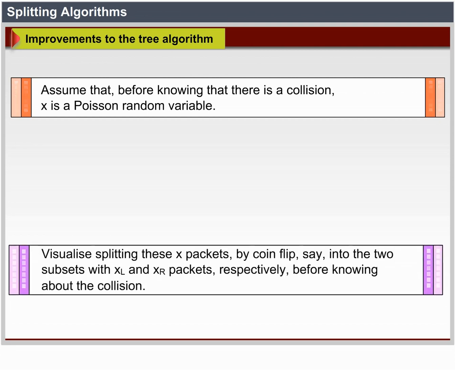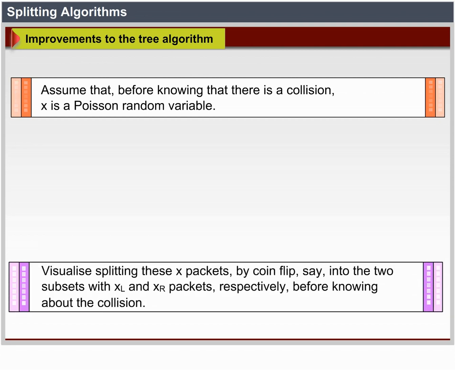Visualize splitting these X packets by coin flip, say, into the two subsets with XL and XR packets respectively before knowing about the collision.